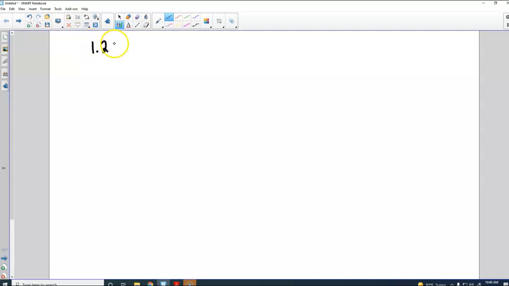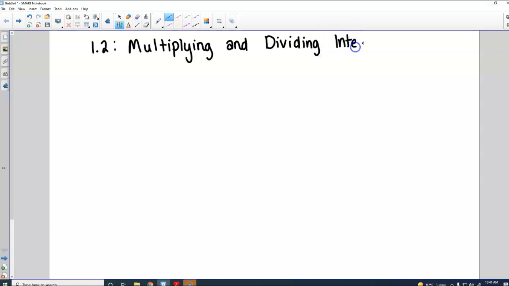1.2 for us, which is multiplying and dividing integers.